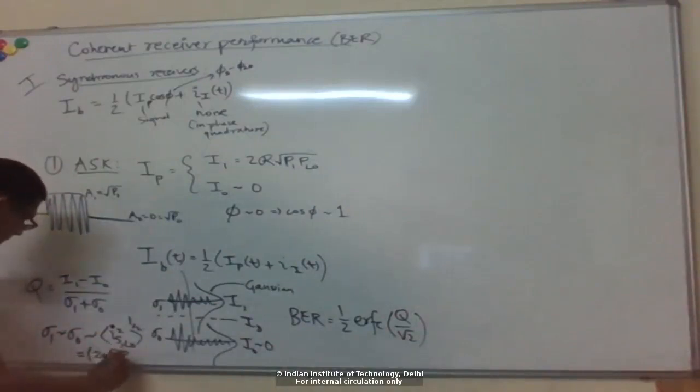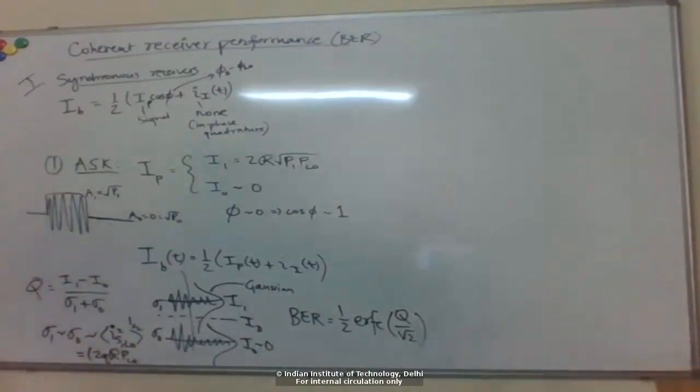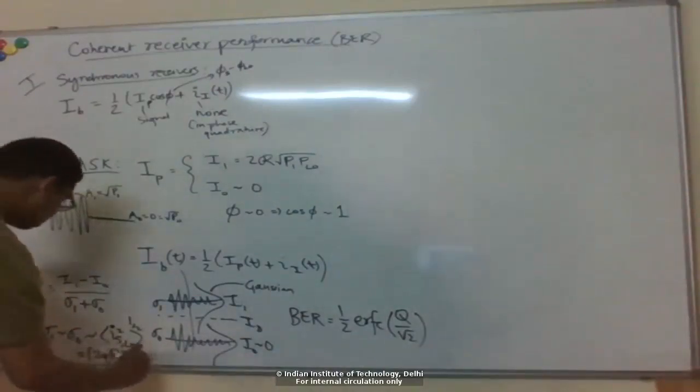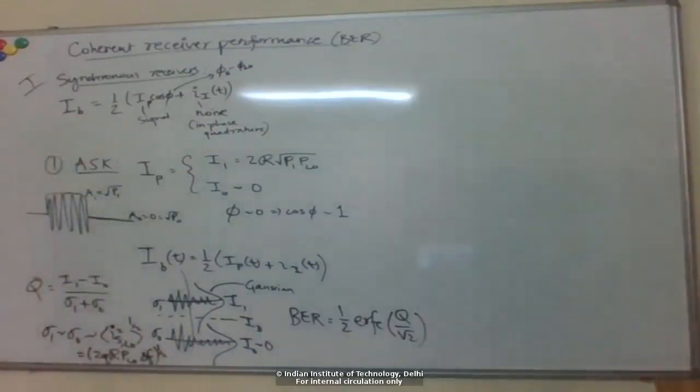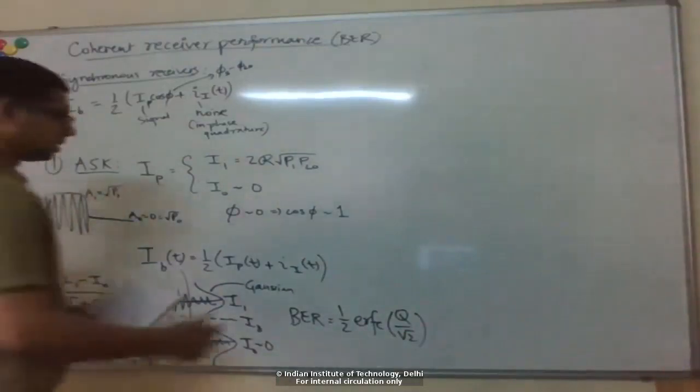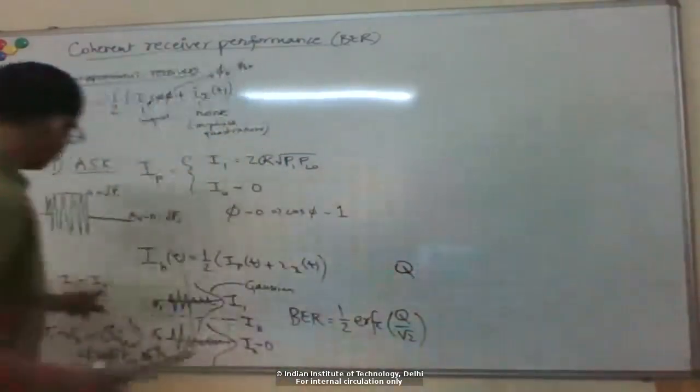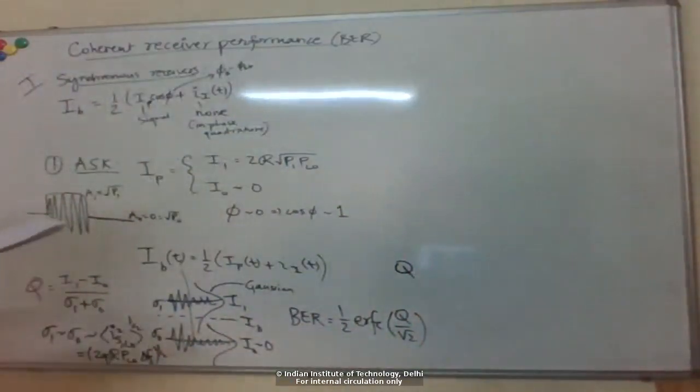It goes as the local oscillator power and the bandwidth. So for this case, I0 will be 0 and sigma 1 is equal to sigma 0.